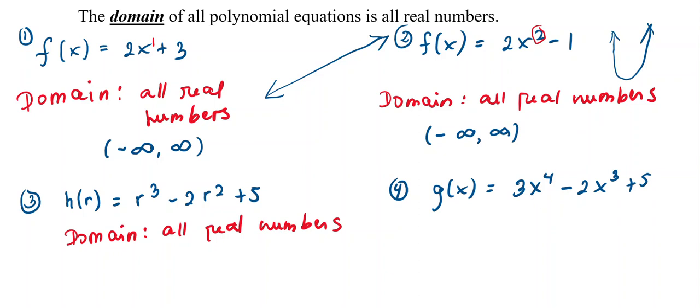Because it's still a polynomial equation, the domain is still going to be all real numbers. Now the question is, when is it going to be not all real numbers? And we'll discuss that in the next video.